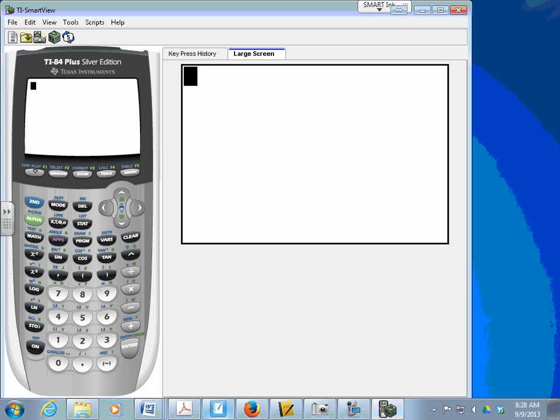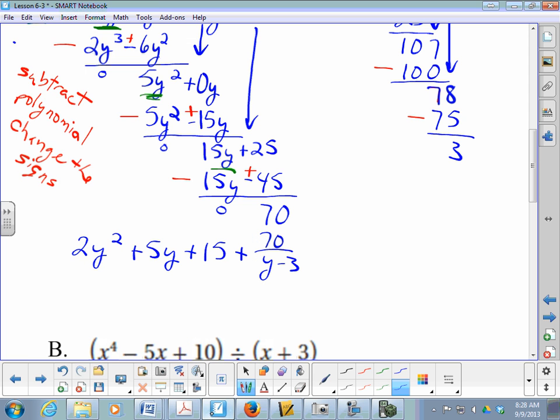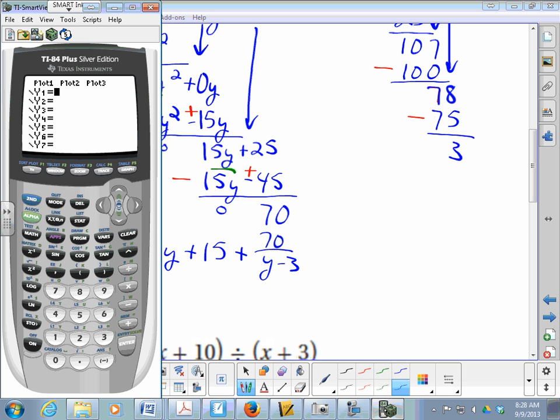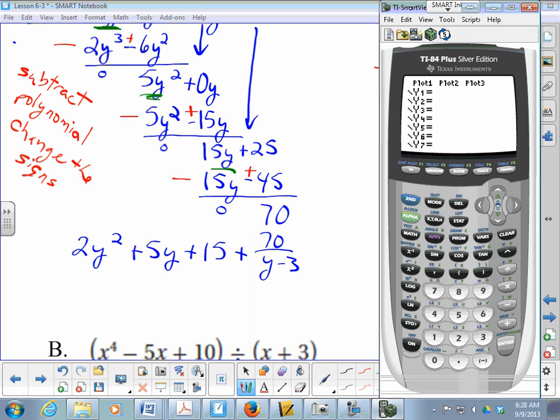All right, so go to your y equals on your calculator. Now, I'm not telling you have to do this. I'm just telling you how you can do it, okay? So the first thing we're going to do is put in y1 our dividend.